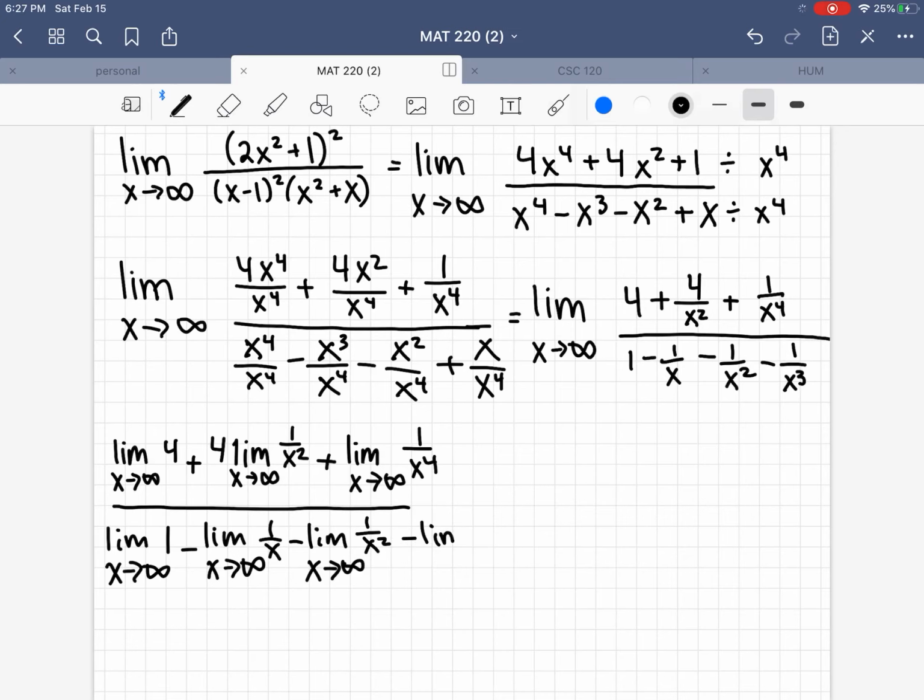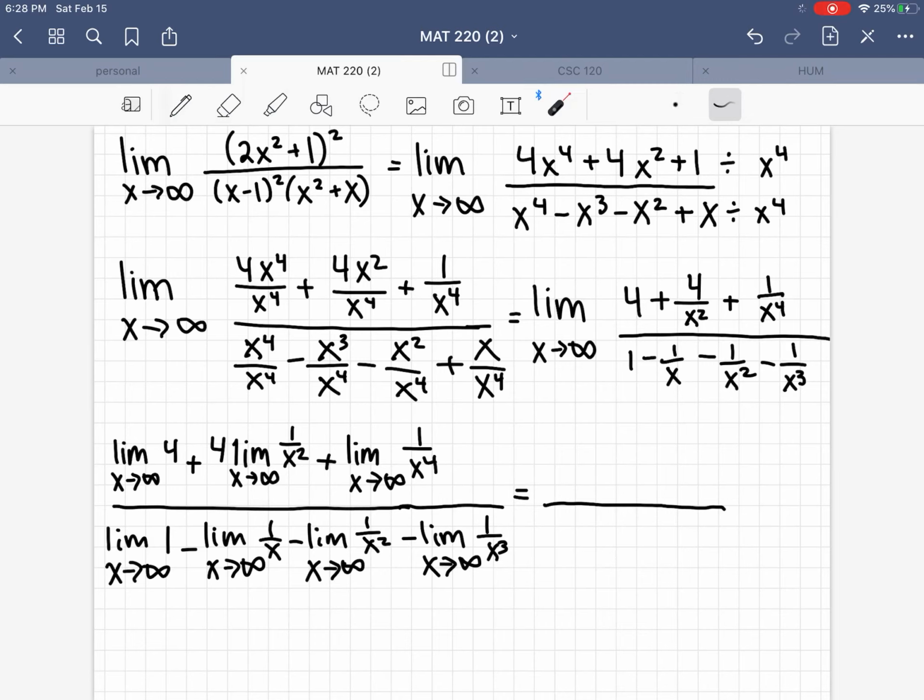Sorry, my handwriting is getting a little messy here. The limit as x approaches infinity of 1 over x cubed. Beautiful. And now we just want to solve for those individual limits. And then we'll put them all together.